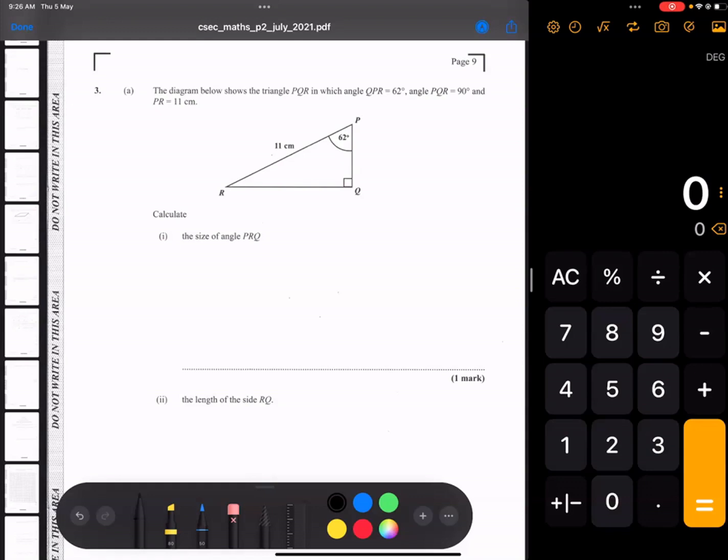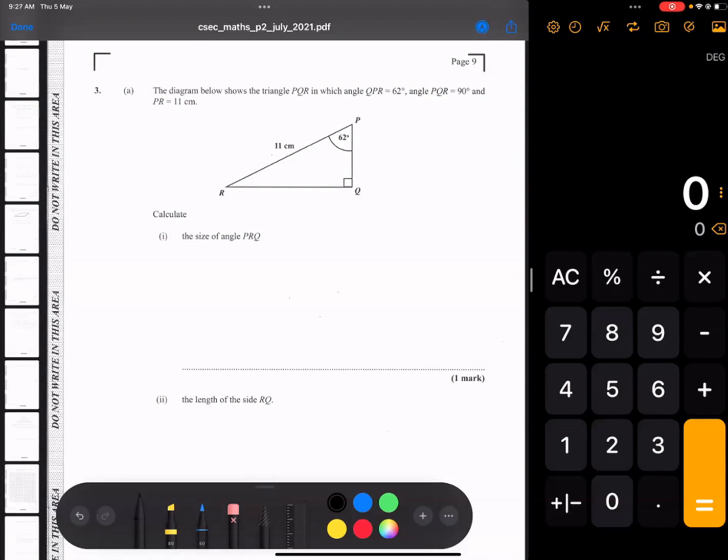If you remember from prior knowledge, when you're given an angle with three letters, for example the size of angle PRQ, we always refer to the letter in the middle, which is R. So we're looking for the angle at R. We already know two angles, P being 62 degrees and Q being 90 degrees, and we know that a triangle adds up to 180.